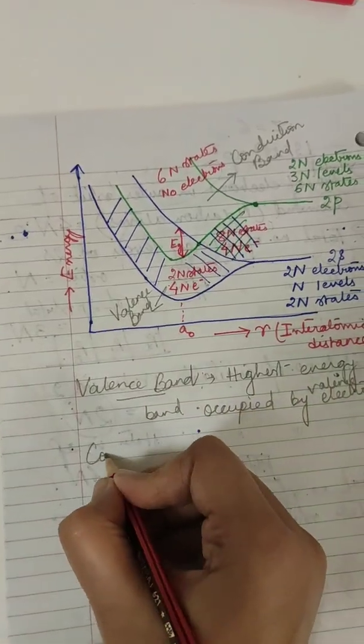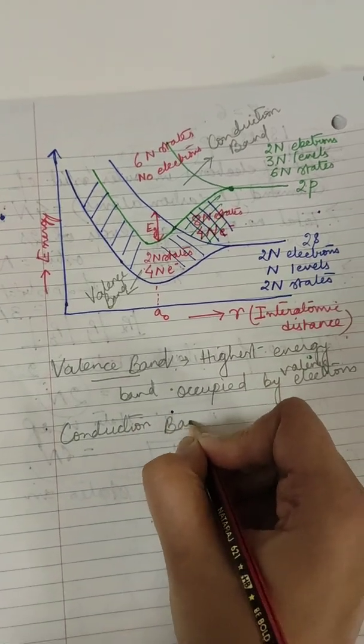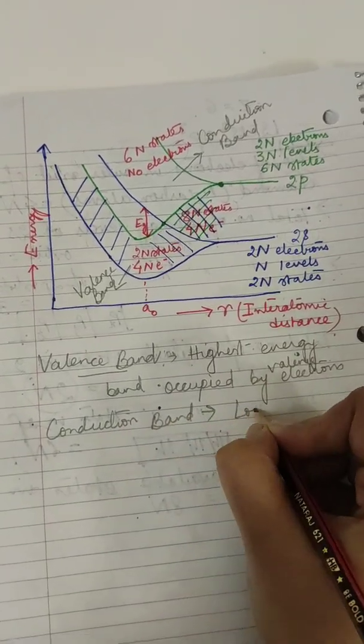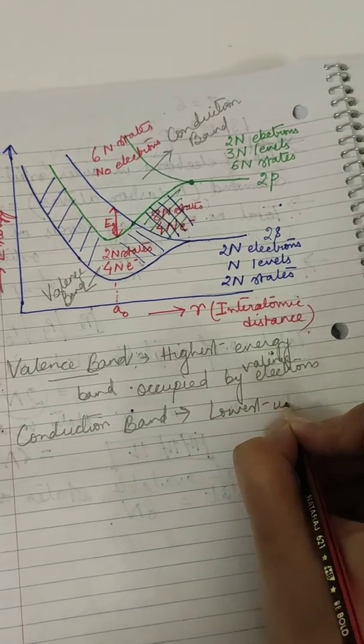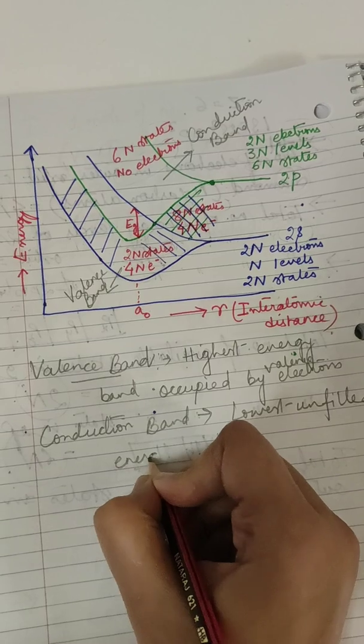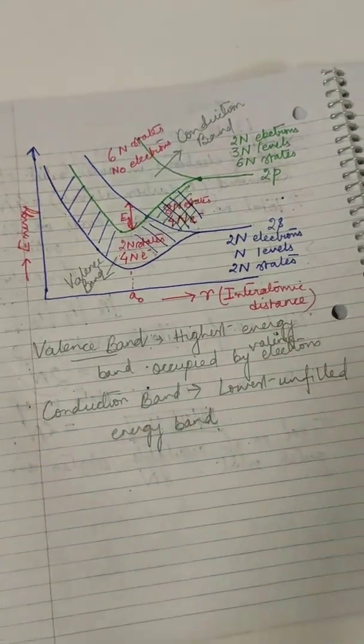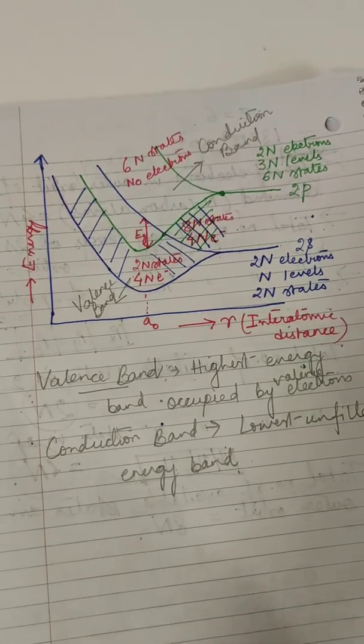And the conduction band means the lowest unfilled energy band, or the band which is devoid of electrons, is the conduction band.